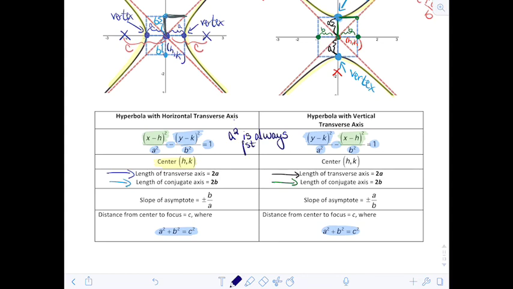So a squared does not move, and what you want to do is look right above the a squared, and whatever variable is up there, that's the direction of your transverse axis. So when we look for the horizontal transverse axis, you look above a squared, you have an x. So that means your transverse axis is side to side, horizontal, and so that's the direction of my hyperbola. If you look at the vertical, above the a squared is the y, so my transverse axis is vertical, and my hyperbola then is vertical.